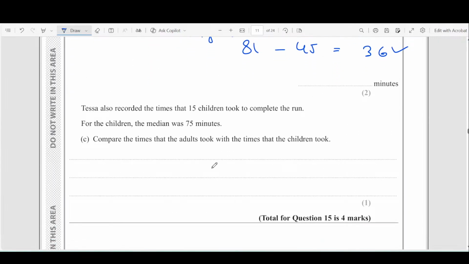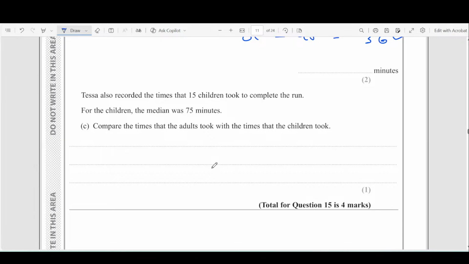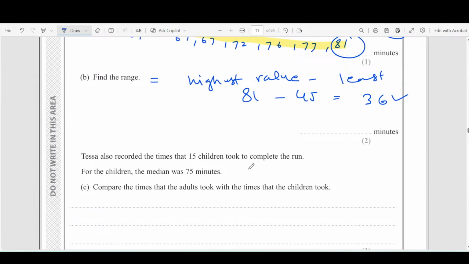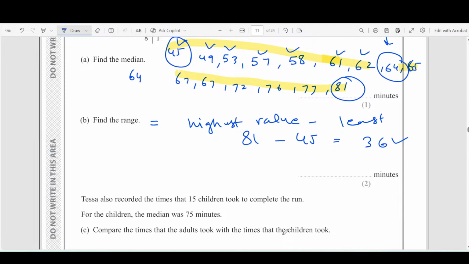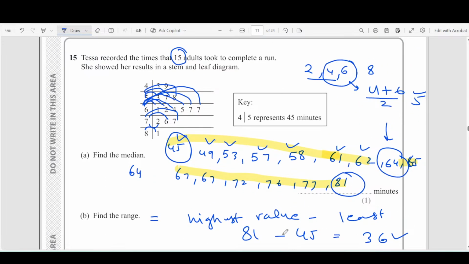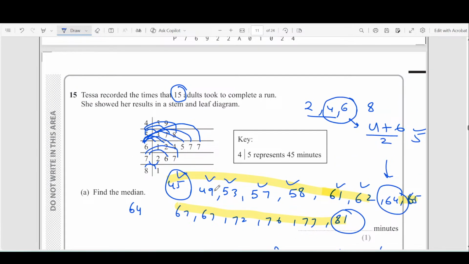Okay, next question. Tessa also recorded the times that 15 children took to complete the run. For the children, the median was 75 minutes. Compare the times that the adults took with the times that the children took. So this is 15 adults, right?